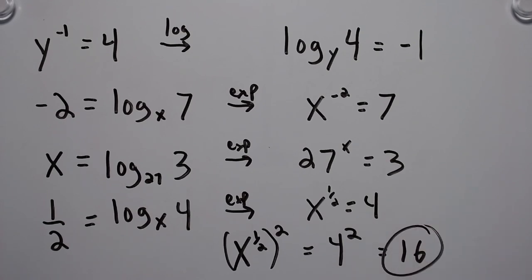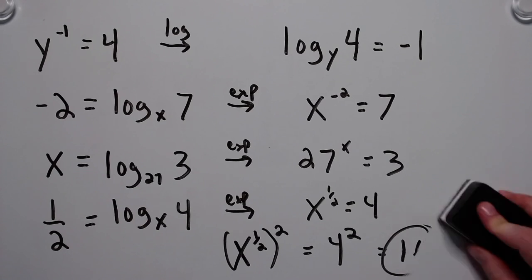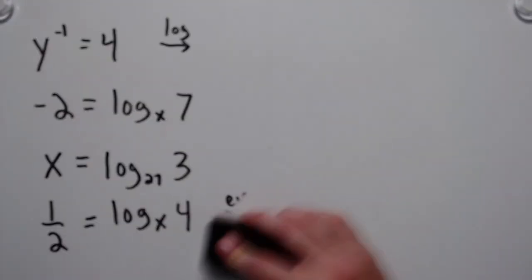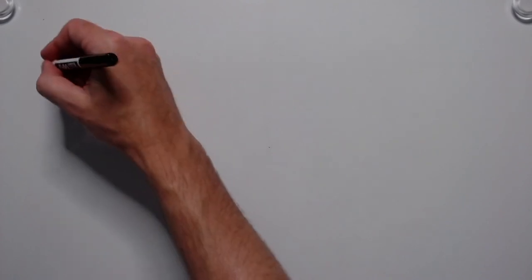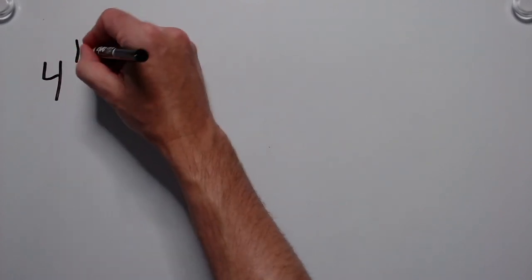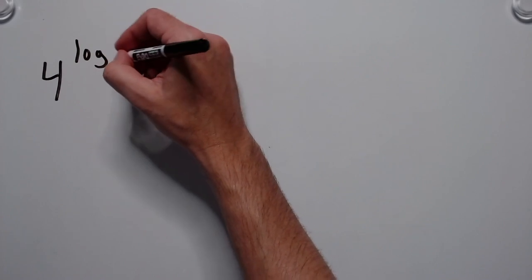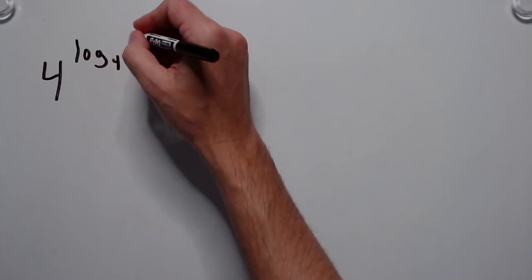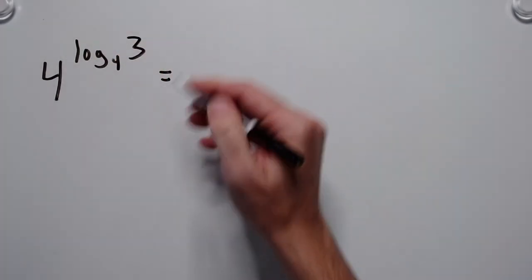Let's clean this off and look at some of those inverse functions. This is going to look a little weird, but we're going to take 4 to the power of log base 4 of 3. And what does this equal?